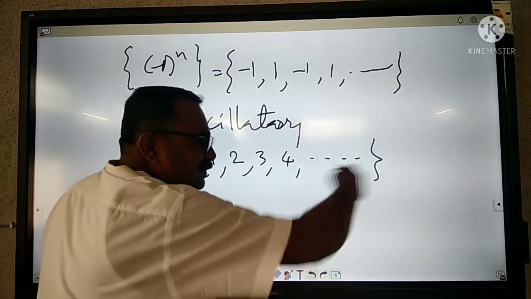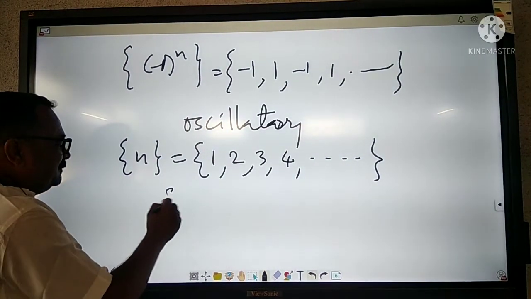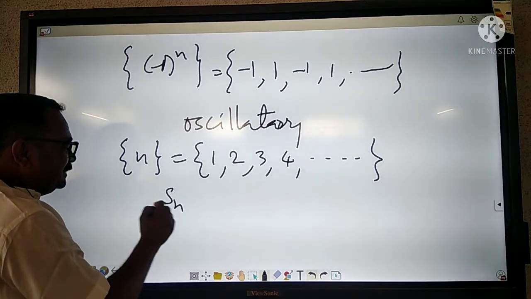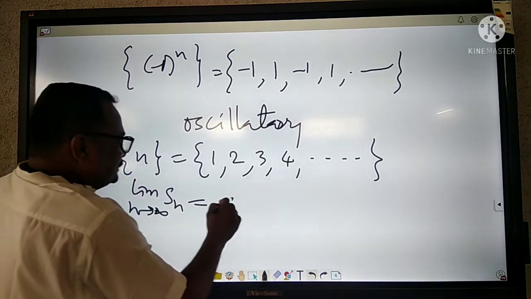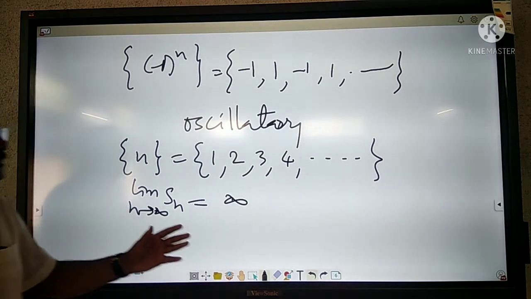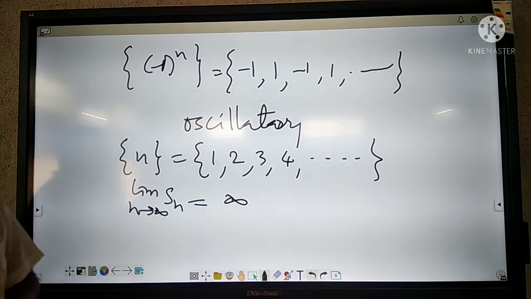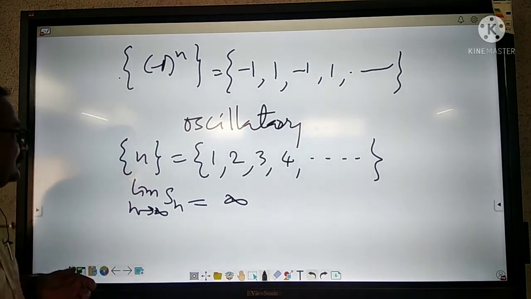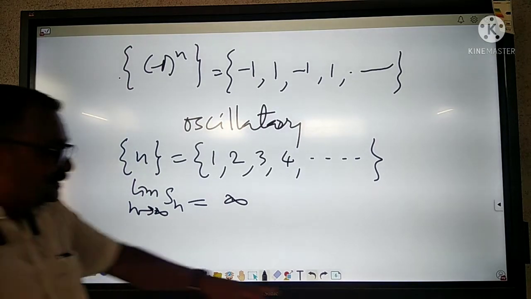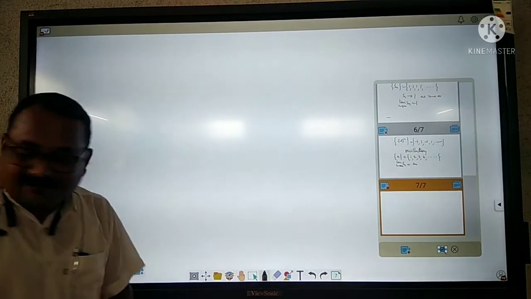This Sn means actually n, and the limit of this sequence n as n tends to infinity is infinity. In this case we say that the sequence n is a divergent sequence. The sequence minus 1 raised to n is oscillatory. The sequence 1 upon n is a convergent sequence. So these are simple but important concepts.